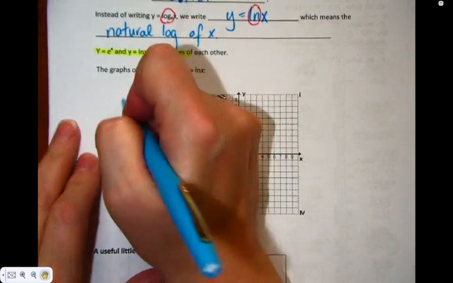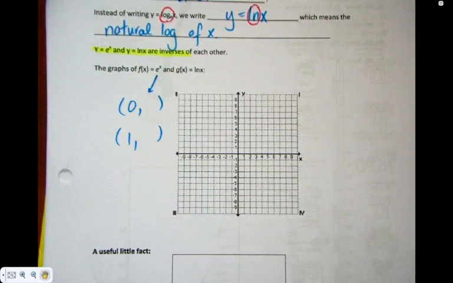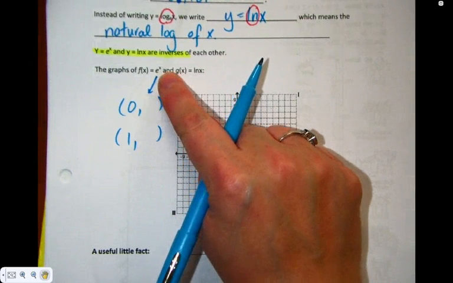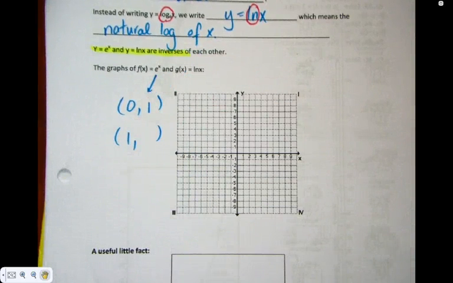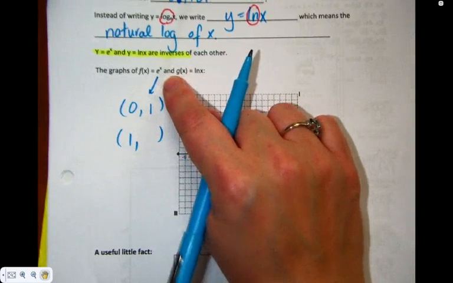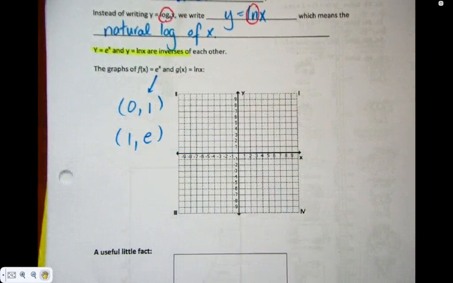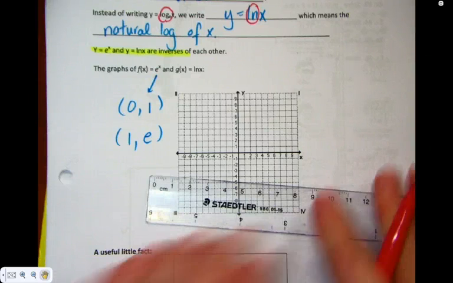I'm going to do the same 2 points that we did before: x equals 0 and x equals 1. If I put in 0, what's e to the 0? 1, because anything to the 0 is 1. And if I put in 1, what's e to the 1? It's e, or 2.718. Still going to have an asymptote, just like any exponential function.